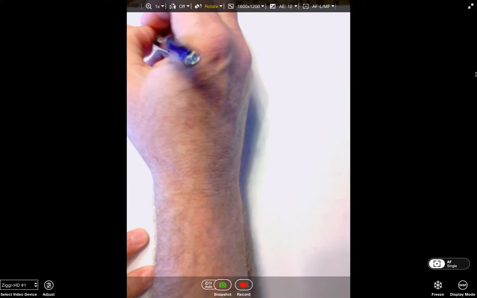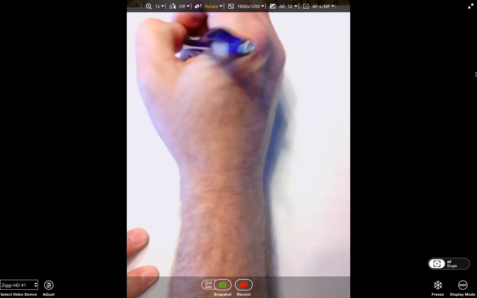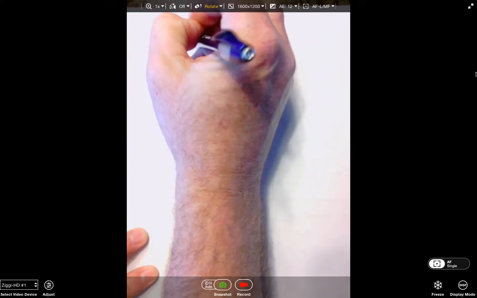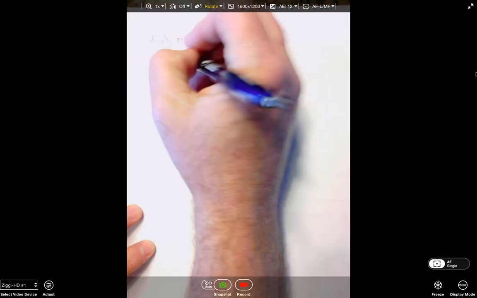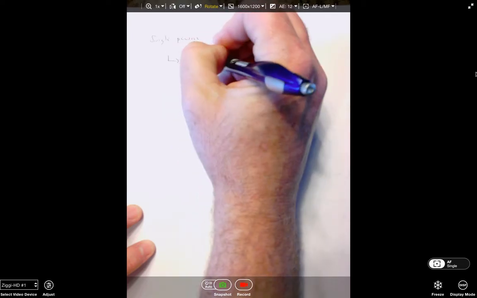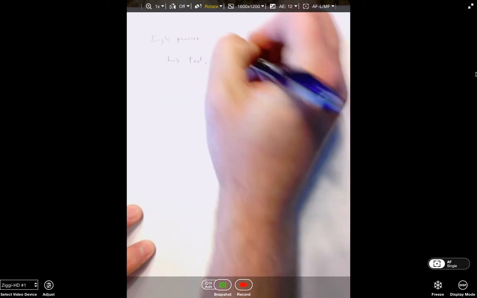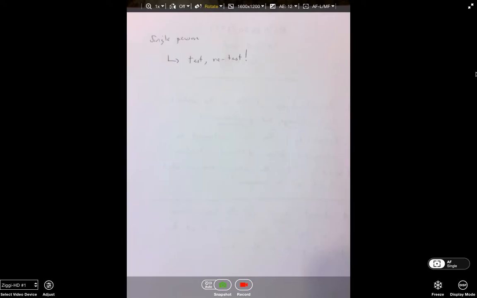So, guys, for a single person, the best way to think about reliability across one particular person is to think about the test-retest situation. And that's something we run into a lot.